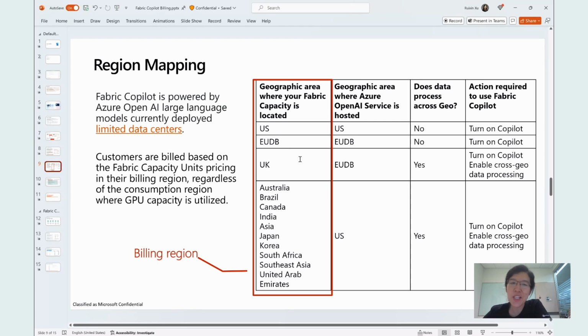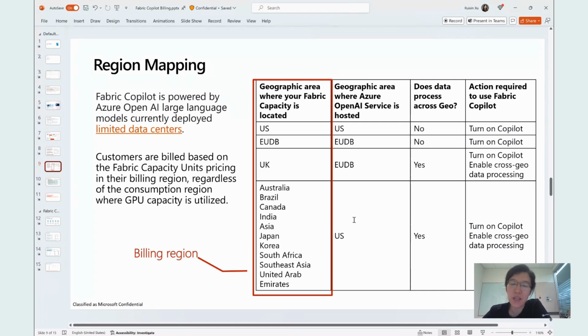And another thing related to billing is that you may notice that Fabric has different prices in different regions. You may ask, if I'm, for example, in Canada, and I can see the Fabric capacity unit price in Canada is different from that in the US. I know that my capacity is based in Canada, but my Copilot will be processed in the US.